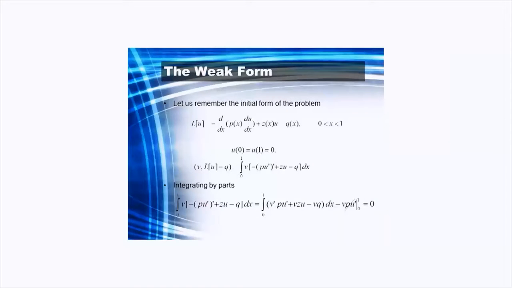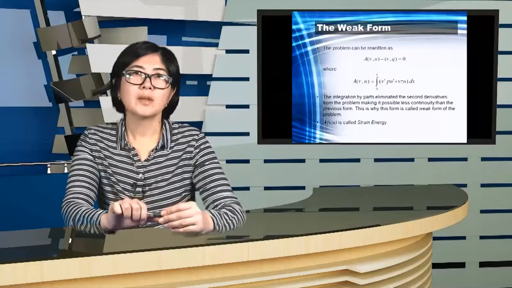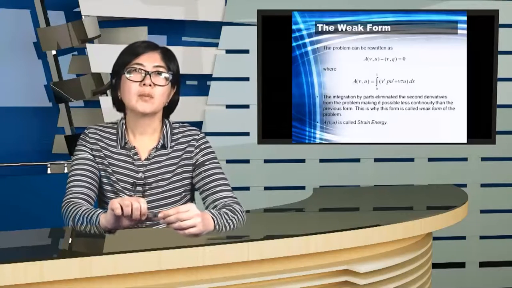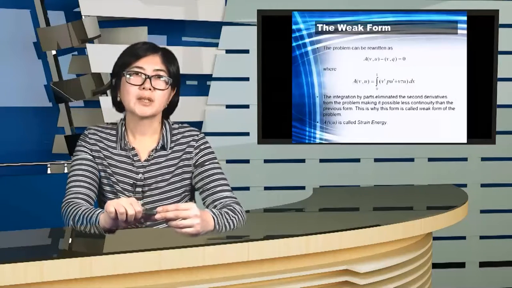You can see on your slide. The last term is equal to 0 because of the boundary condition. This new form of the problem can be rewritten as the next expression.